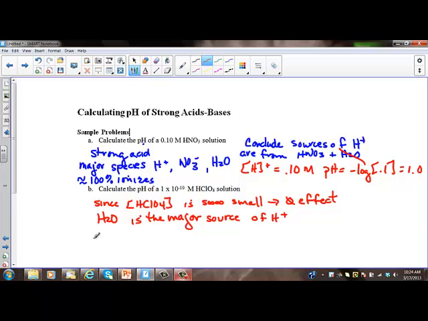And since we know that the concentration of H plus in water is equal to 1 times 10 to the negative 7, then the pH is simply going to be equal to 7.